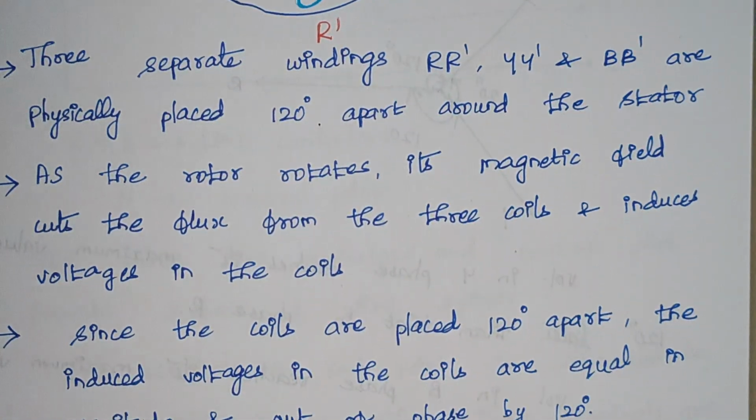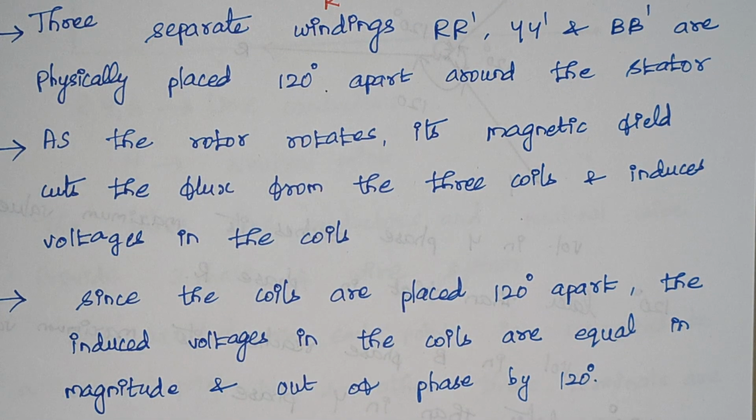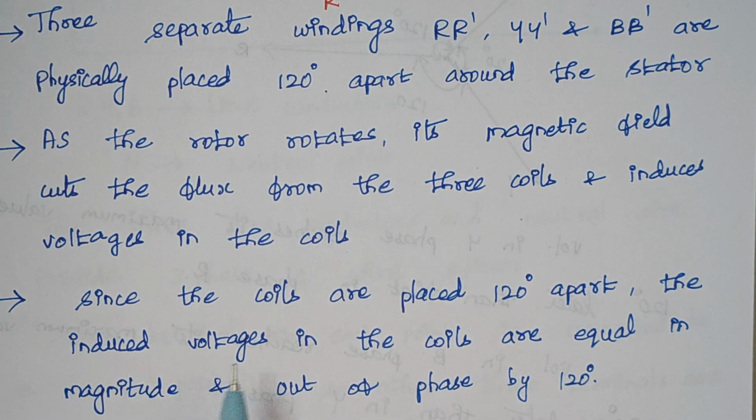Since the coils are placed 120 degrees apart, the induced voltages in the coils are equal in magnitude and out of phase by 120 degrees. What are the three coils?